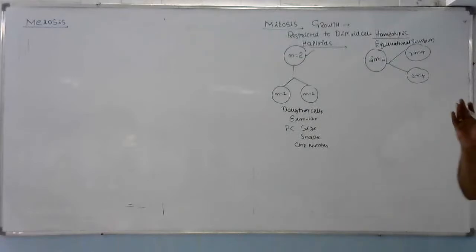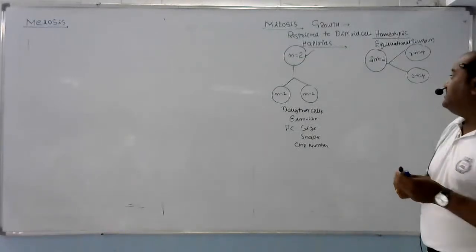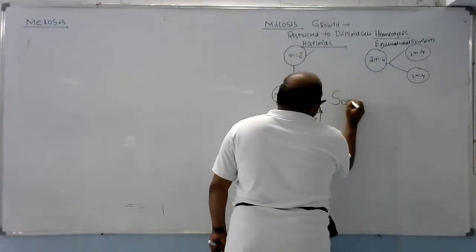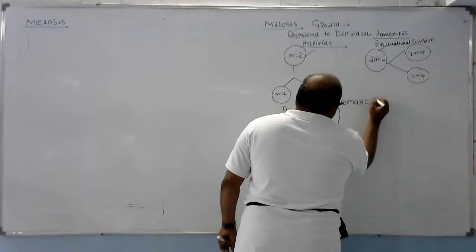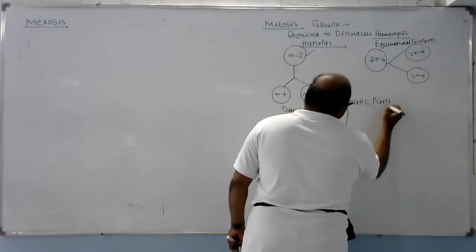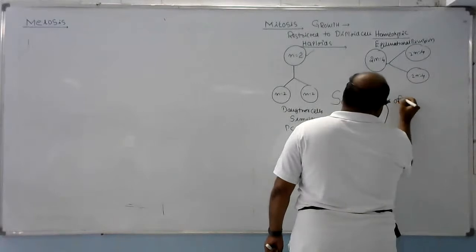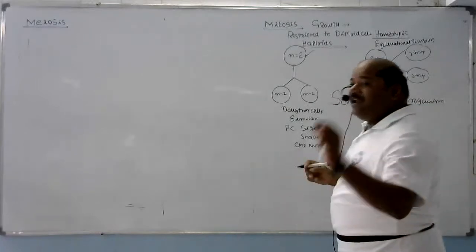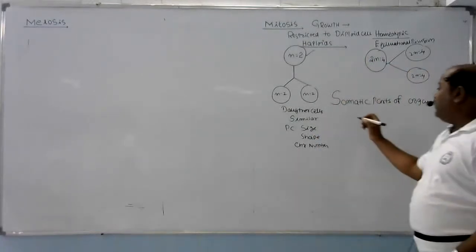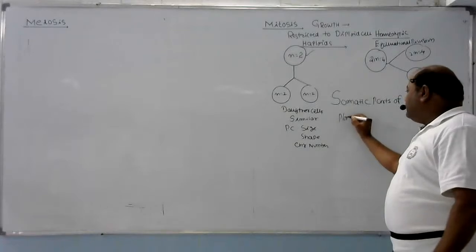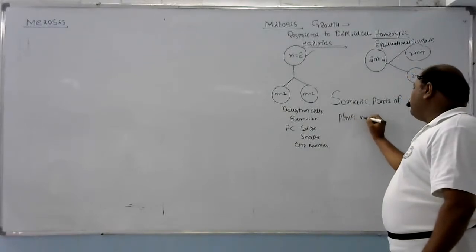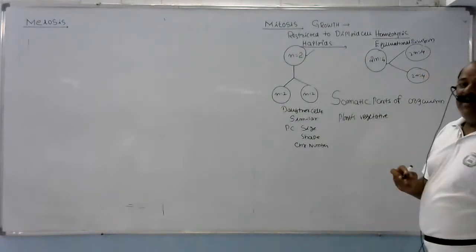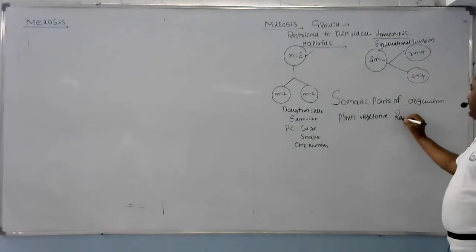So what is the major pattern regarding the mitosis process? Mitosis happens in the somatic parts of the organism. Somatic parts of an organism means, for example, if we take a plant, the somatic parts are the vegetative parts. What are the vegetative parts in a plant?